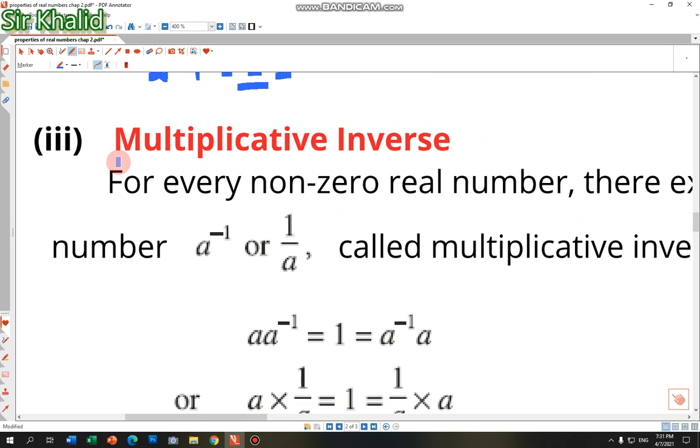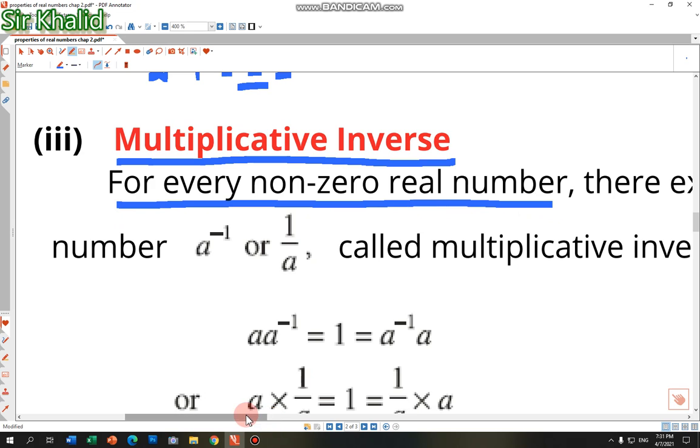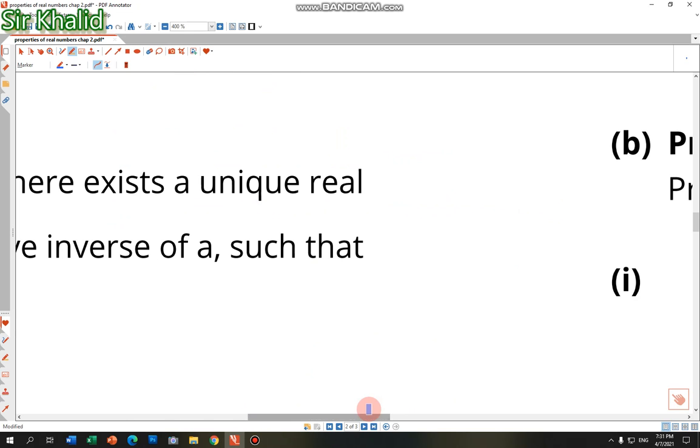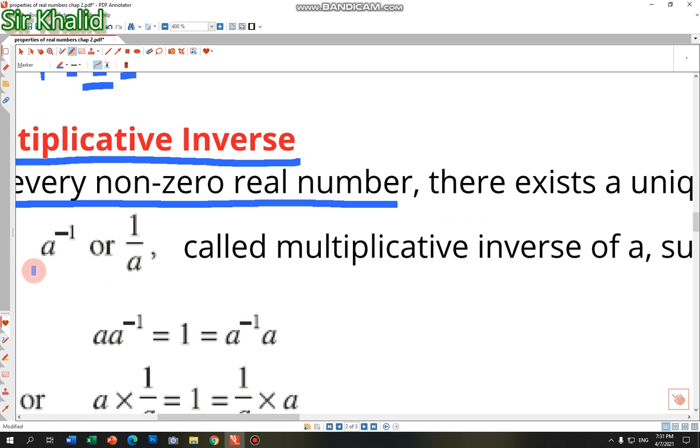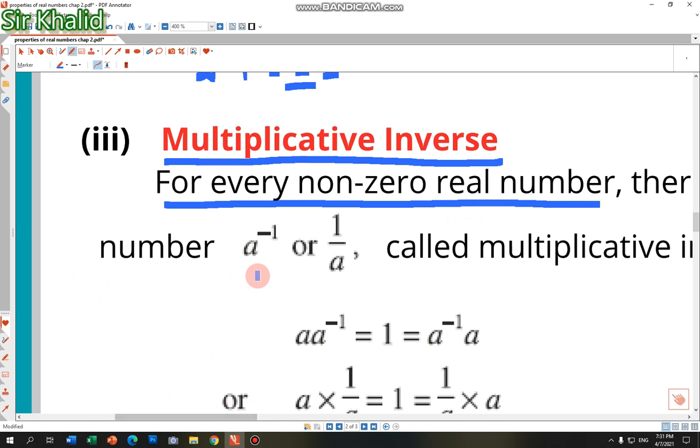Then comes the multiplicative inverse. For every non-zero real number a, there exists a unique number a inverse, or 1 over a.